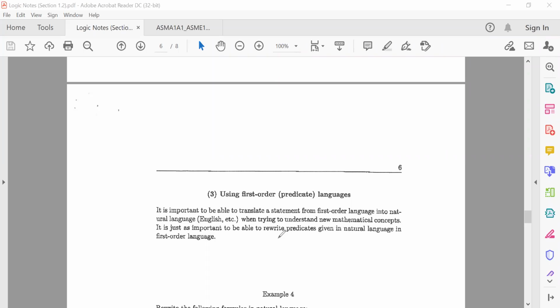Those are natural languages. But for my course, please just use English. It's very important to be able to translate to natural language, because if I just write a predicate statement and don't translate it, someone might not understand what I'm trying to write. Hence, we'll teach you how to convert first order language to natural language, which in this case is English. So we're just going to focus on English.